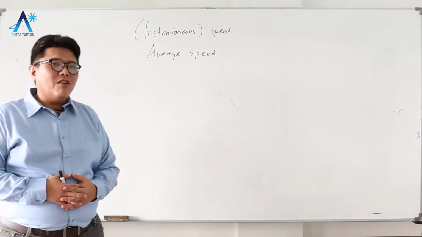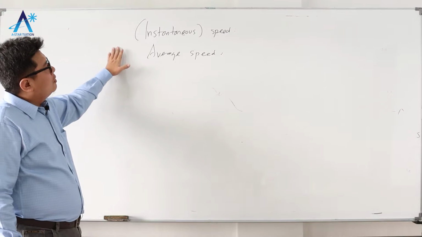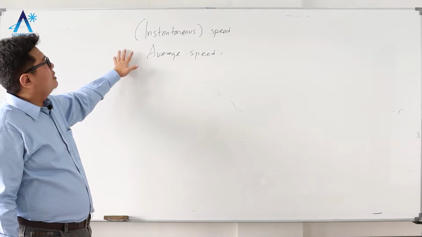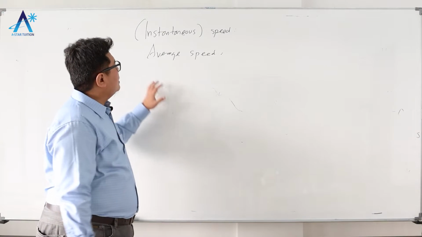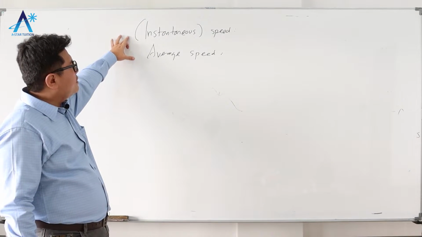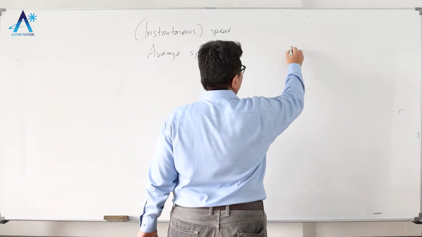Now let's talk about speed. Like velocity, we make a distinction between instantaneous speed and average speed. The difference between instantaneous value and average value is similar to when we deal with velocity.